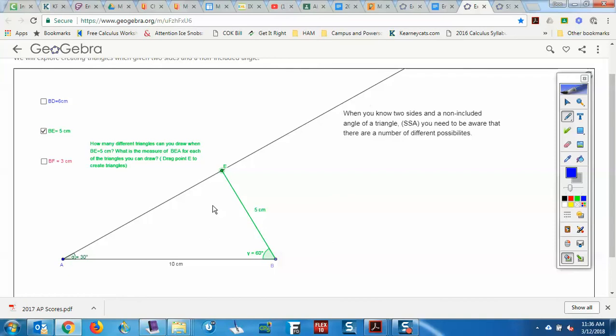If you make it just long enough so that it just barely touches, it catches right there, and then it's too short again the rest of the time. It's going to be when it's an altitude, right? One of the properties you had in geometry was the shortest distance between a point and a line is the perpendicular, right? And that's what that would be. So that would actually be the altitude. That would make a right triangle.